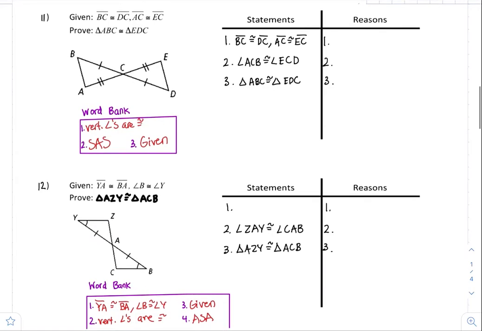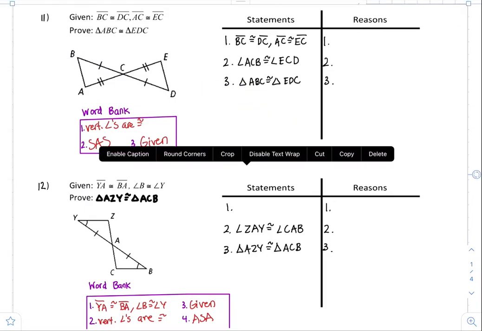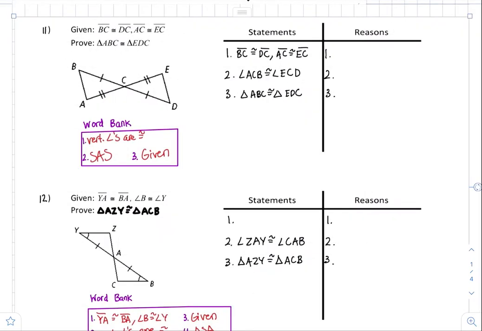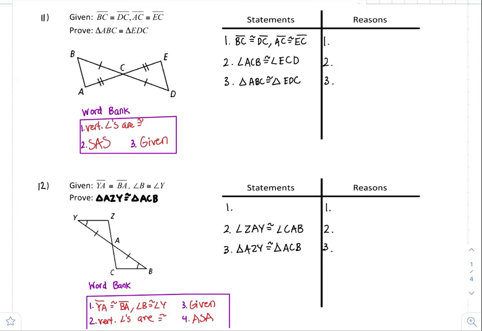Oh, it's because I screenshotted it, that's right. Okay, anyway, based off the word bank, provide the reason, put it in the correct reason. So, the first one is given, so I'm going to write that there.